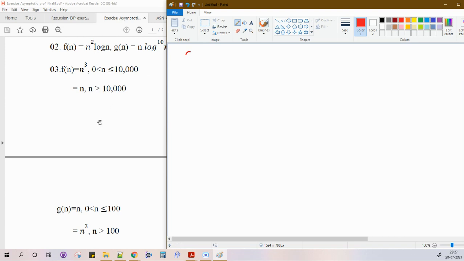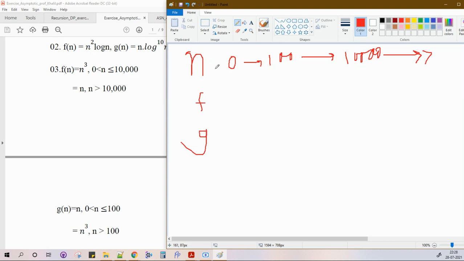So see, if you look at it intuitively, we have specifically two limits: 100 and 10,000. So we have the range of n from 0 to 100, then 100 to 10,000, and after 10,000. Then for 0 to 100, what is the value of f and what is the value of g, right? We have so many colors, I like this.